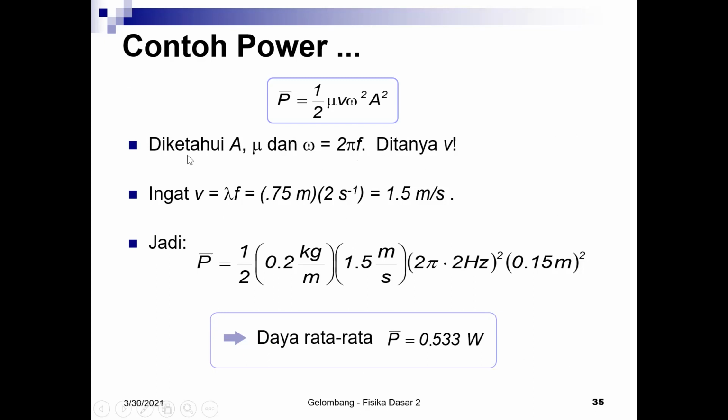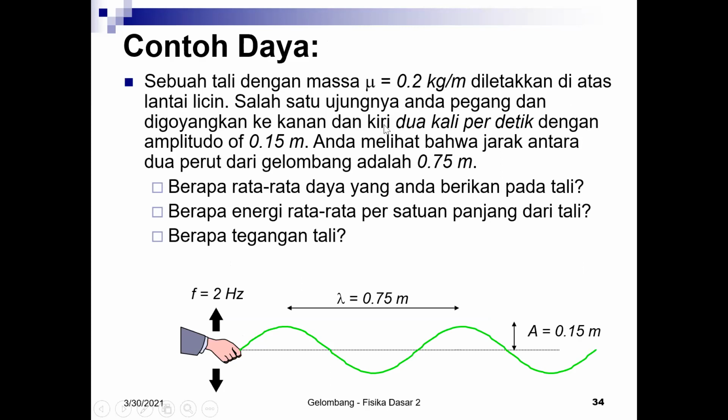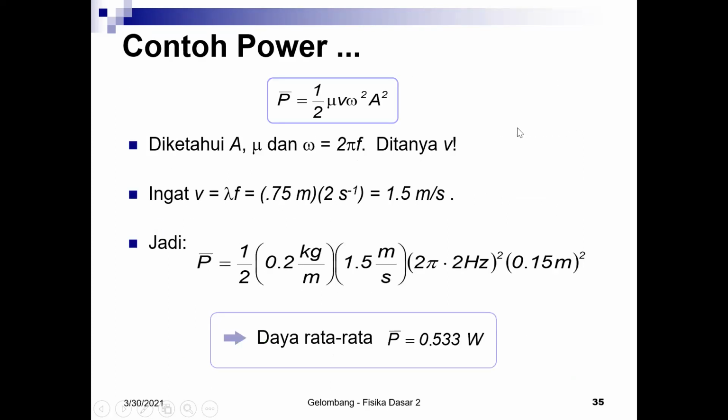This v comes from lambda times f. Because we have this frequency twice per second, 2 hertz, we get that the propagation velocity of the waves is 1.5 meter per second.